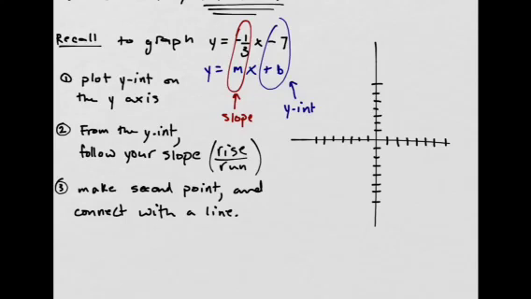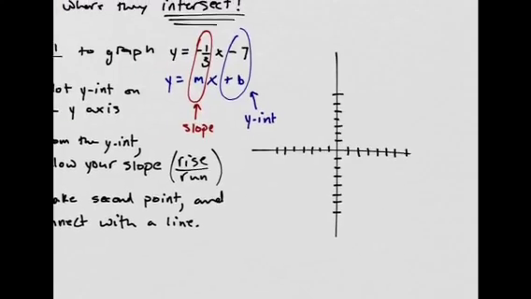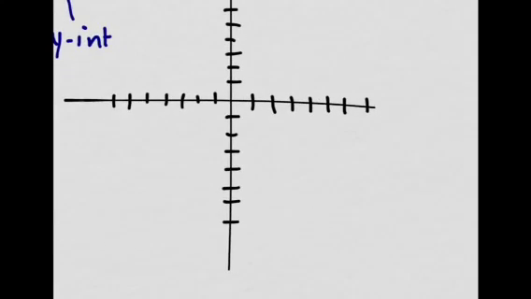First, plot the y-intercept. I'll do it in green. It's negative 7, so we start here and go down 7. 1, 2, 3, 4, 5, 6, 7, and I'll put a point there.